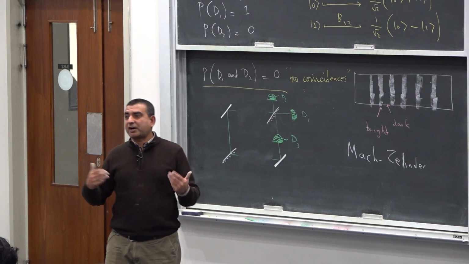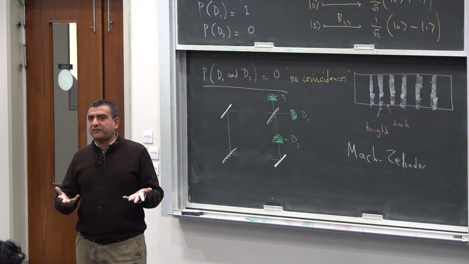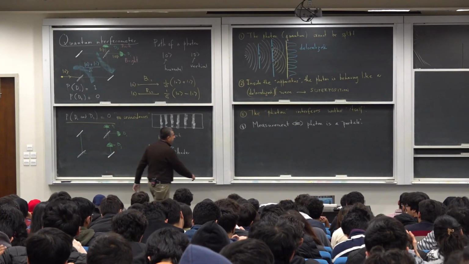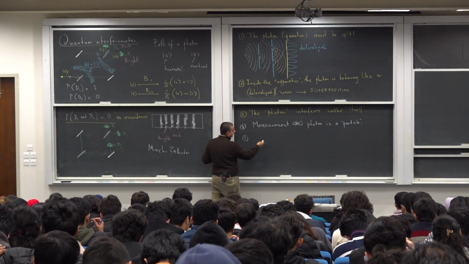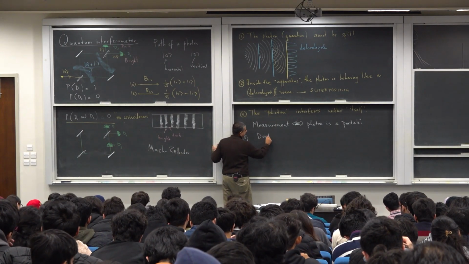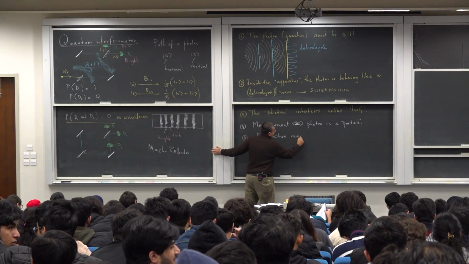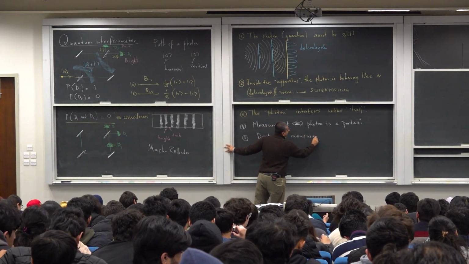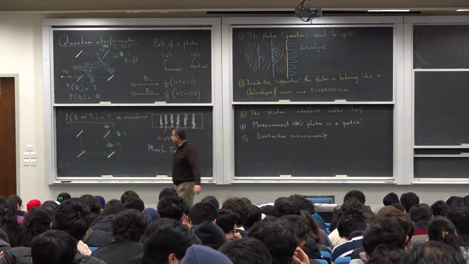So measurement is a destructive process in this example. We are doing a destructive, or demolitive, measurement. Measurements can also be non-destructive or non-demolitive, but that's slightly more advanced stuff.